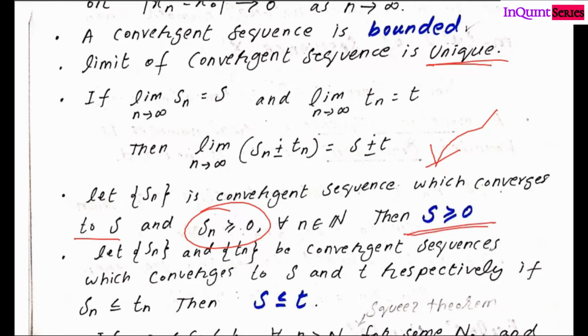And the second theorem is: let Sn and Tn be convergent sequences which converge to some limits S and T respectively. If Sn is less than or equal to Tn, then their limits, I mean S, is also less than or equal to T.